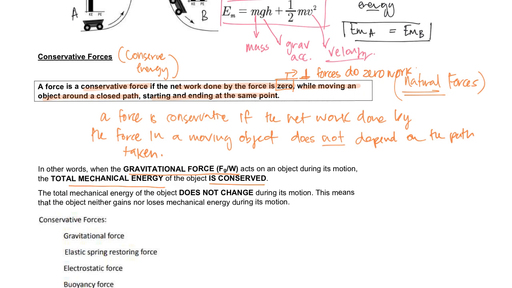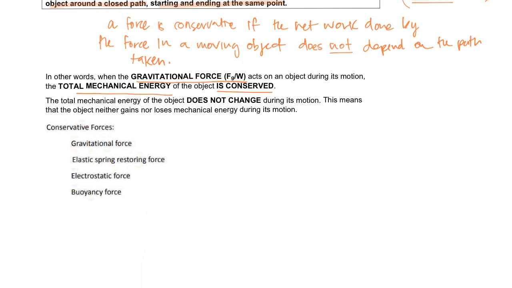When we talk about perpendicular forces, we're talking about things like Fg, or your weight, and the normal force, both of which are natural forces. The total mechanical energy of the object does not change if I have these natural forces during the motion. That means it neither gains nor loses mechanical energy.